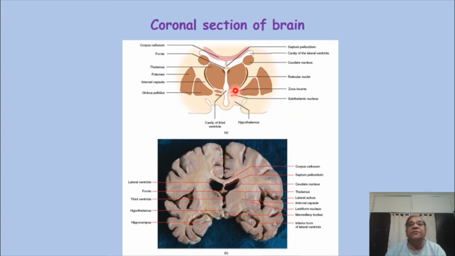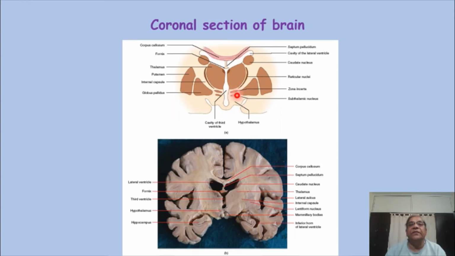So this part present below the thalamus is the right hypothalamus and this is the left hypothalamus, and this is the floor of the third ventricle, which is present in the interpeduncular fossa, which we have already seen. So the third ventricle on the dorsal aspect on either side is bounded by thalamus, and on the ventral side it is bounded by hypothalamus.